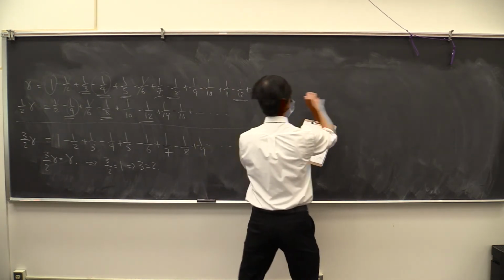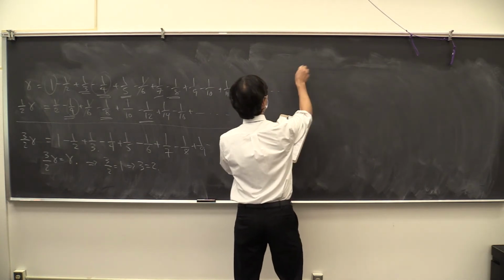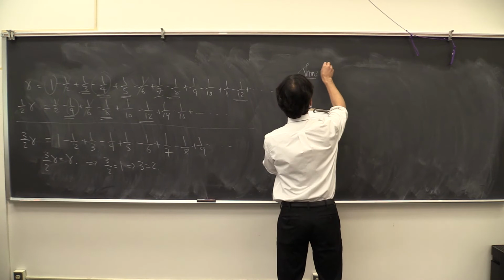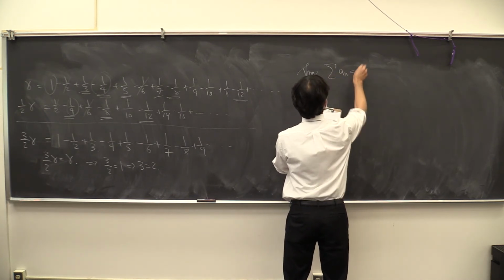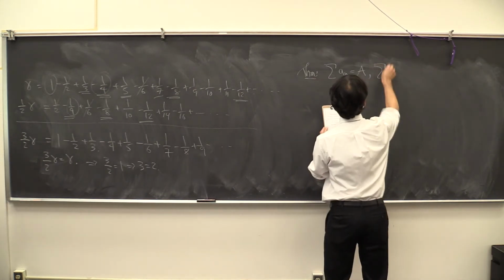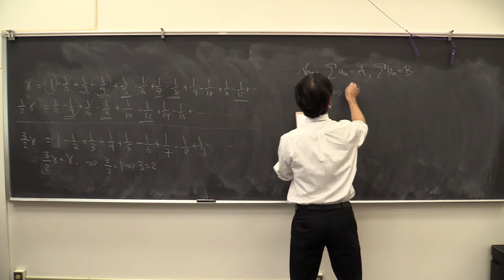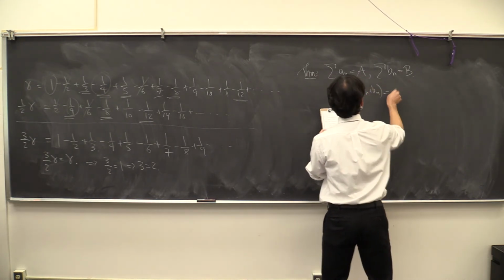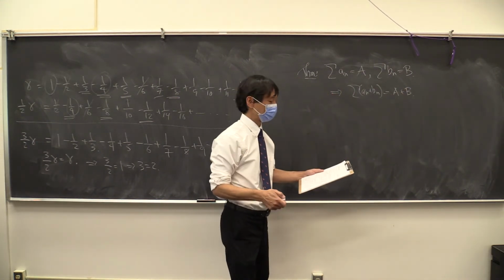Okay, just a side comment first. I'm not going to prove the following theorem: if you have one series that converges to A, and another series that converges to B, then the series of the sum of the terms converges to the sum of the limits.